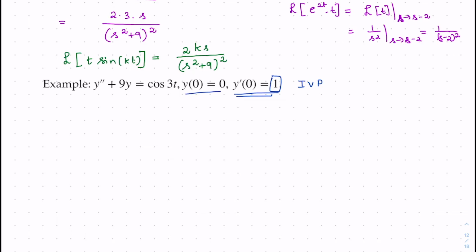And y of 0 equal to 0 means it's in the equilibrium position. So if you remember the spring, and there's a mass over here, and the spring is in the equilibrium position, and it is released with a velocity of 1 feet per second, if you want to think of it this way.